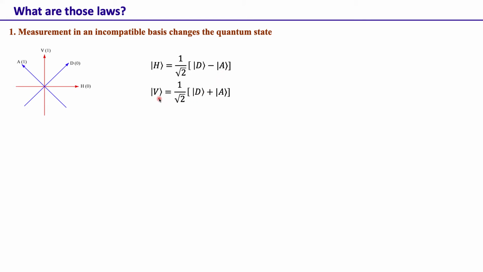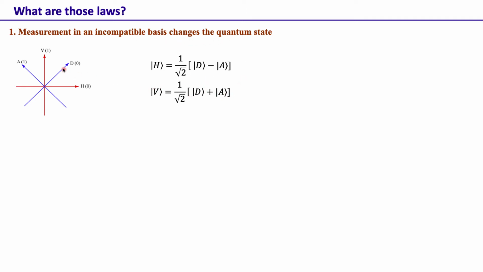Similarly, if it's actually a vertical polarization, and we are looking at it in the diagonal anti-diagonal basis, then we have a 50% chance of seeing it as a diagonally polarized or anti-diagonally polarized photon. So this is what it means that a measurement in an incompatible basis changes the quantum state.